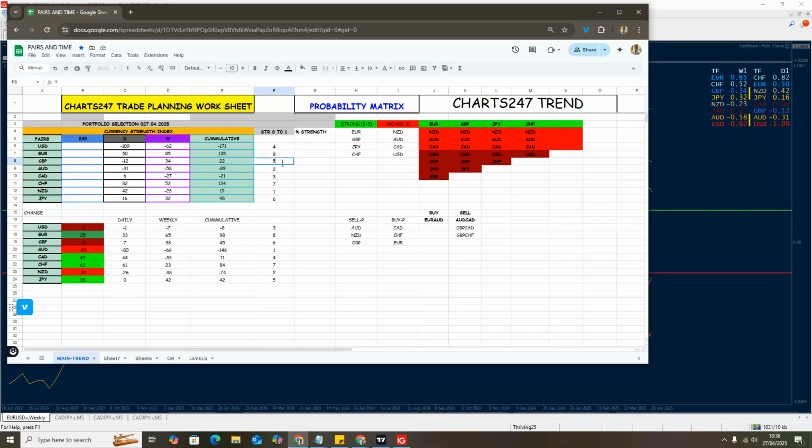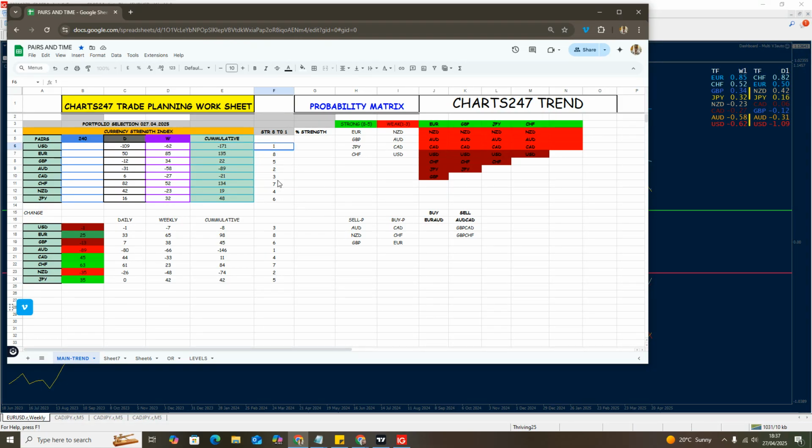This is 5. Then 19 is 4. Then we've got minus 21, which is 3, yeah, 2, and this will be 1.